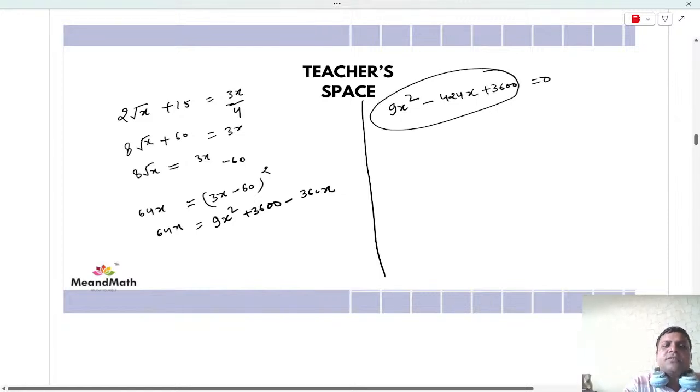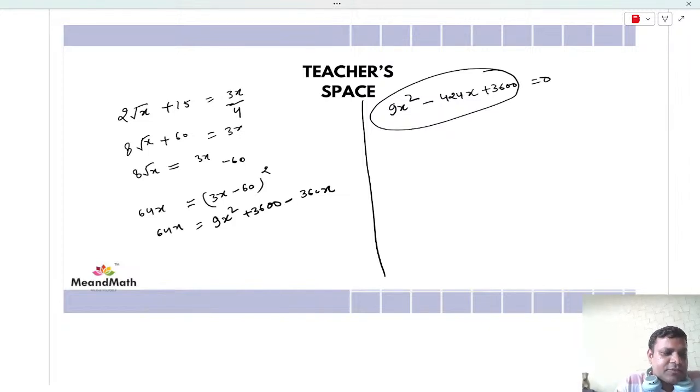It's a quadratic equation. You can use any one method. Splitting the middle term is a very good method.